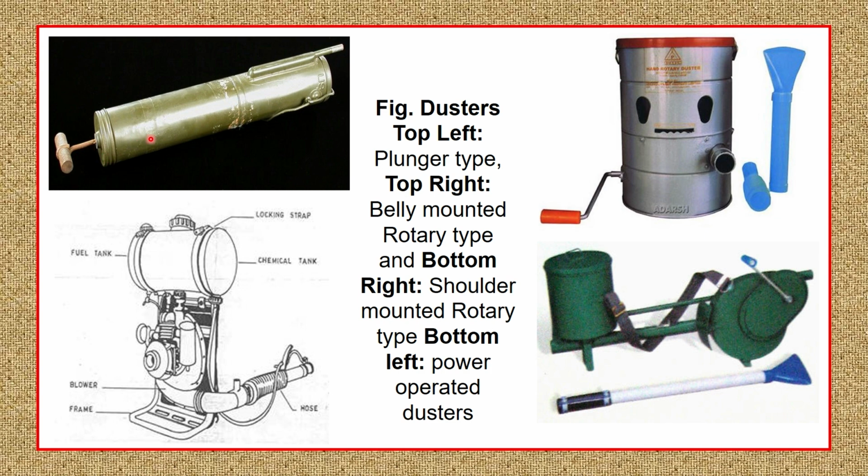As we pull out and push in the plunger, it sucks air from outside and pushes the air over the surface of the chemical inside. That stream of air carries some particles of the chemical and discharges them through this delivery spout.